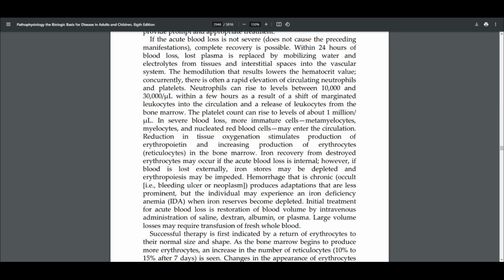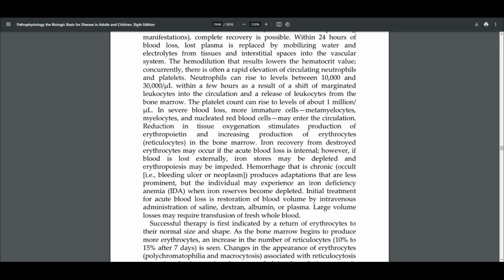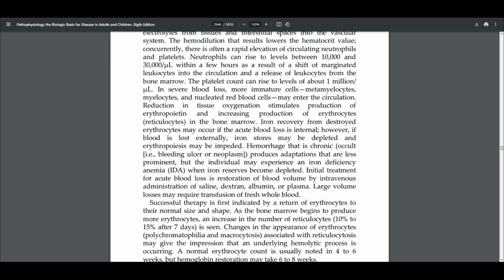In severe blood loss, more immature cells, your myelocytes, and nucleated red blood cells may enter the circulation. Reduction in tissue oxygenation stimulates production of erythropoietin and increases the production of erythrocytes in the bone marrow.